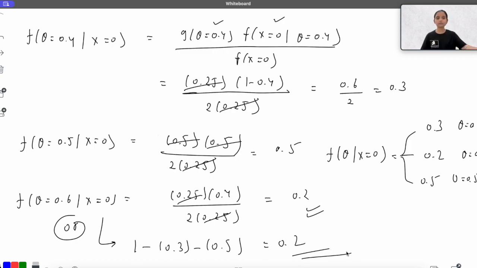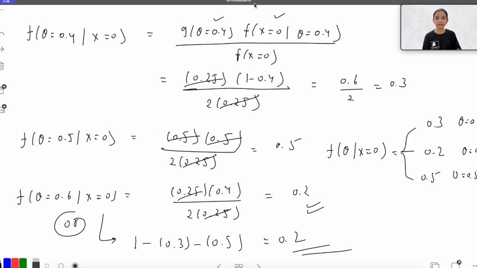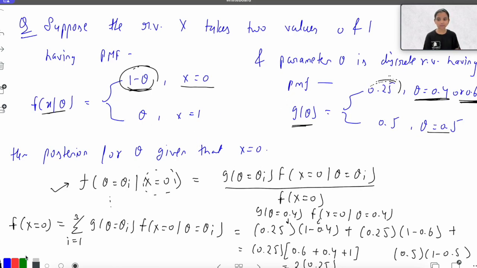Now if they ask you for x equal to 1, you can similarly calculate it. But here the case is defined for when you have a discrete prior information. As you can see, you are given a discrete random variable.